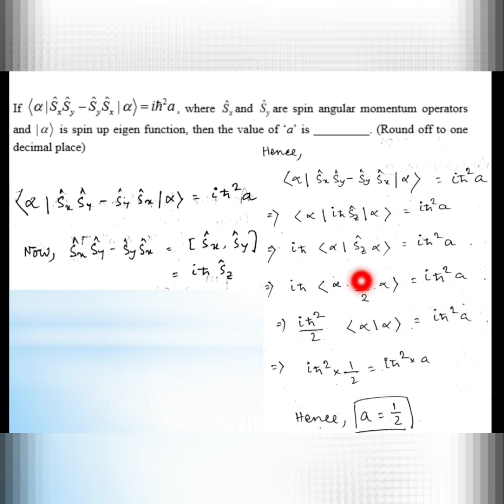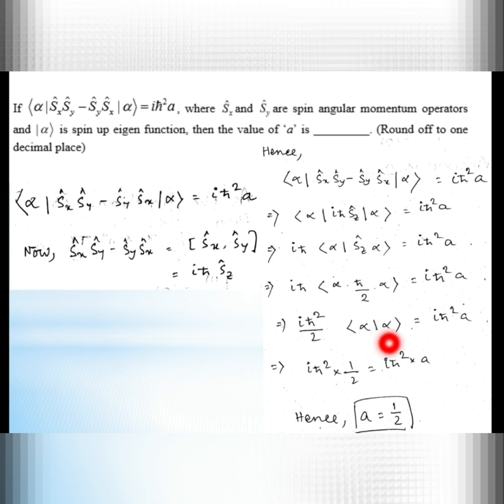Now this ħ by 2 is also a constant value. It will again be outside of the integration, and the constant becomes iħ² by 2 times the integral of alpha into alpha.